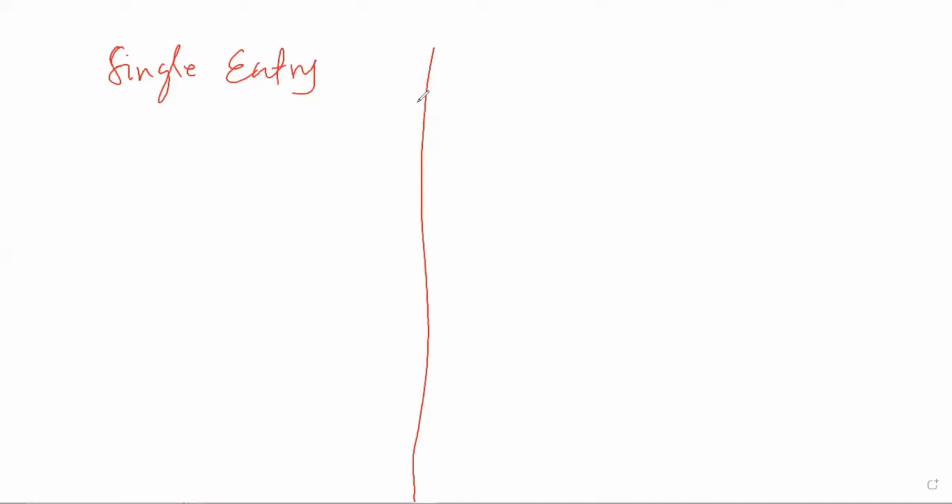When you have a question on single entry, there are a few things that you need to know before you start the question. First of all, let's talk about single entry. Single entry is a situation where records are not kept in accordance with the double entry principle.